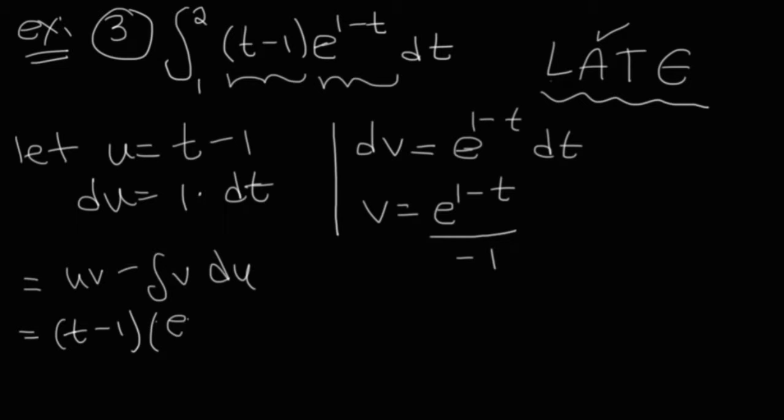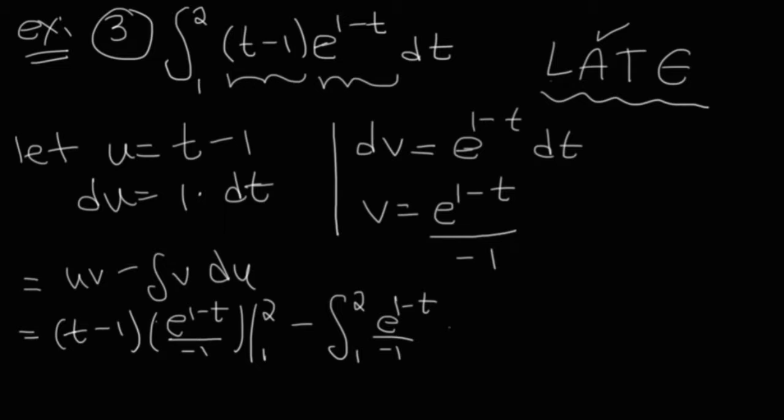My v is e to the 1 minus t divided by -1. And I'm evaluating this from 1 to 2. Okay, and then minus the integral from 1 to 2 of v du, so e to the 1 minus t all over -1 times du, which is 1 dt. The 1 is redundant, so I'm just going to write dt right there. And we're going to continue at the top.